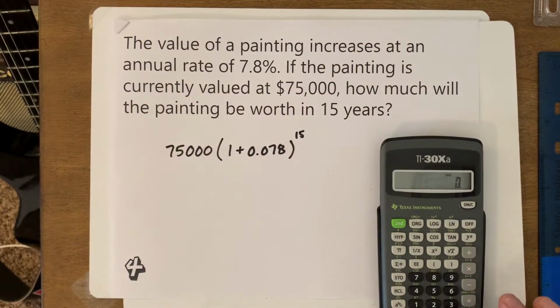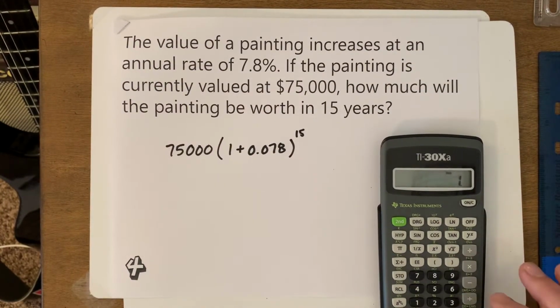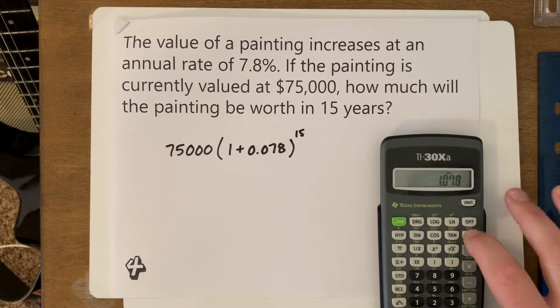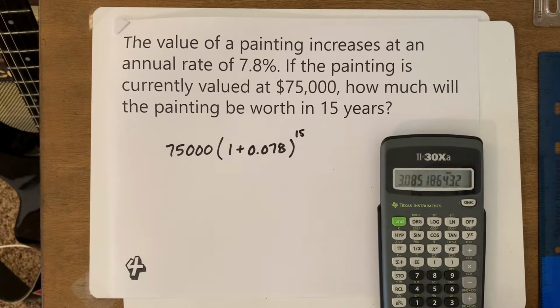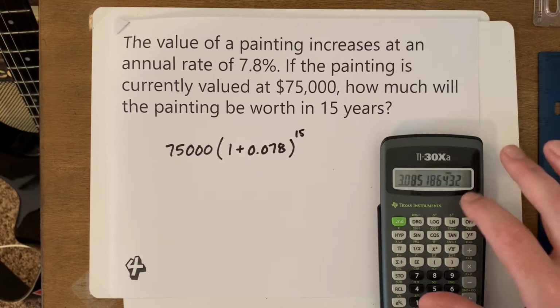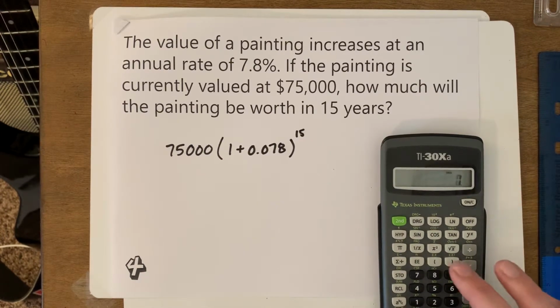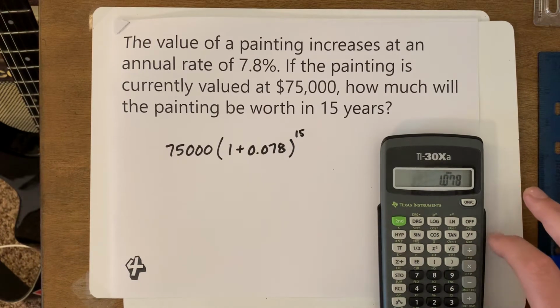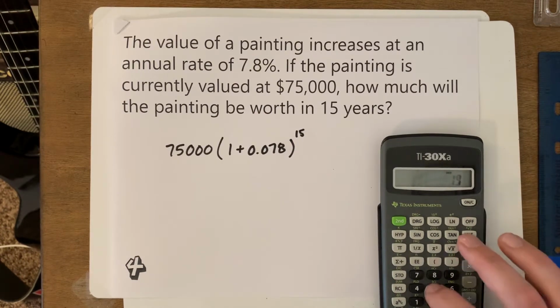All right, let's calculate. 1 plus 0.078 equals, raise that to the 15th power, and then let me do that one more time. Let's see, 1 plus 0.078, okay, and raise that to the 15th power.